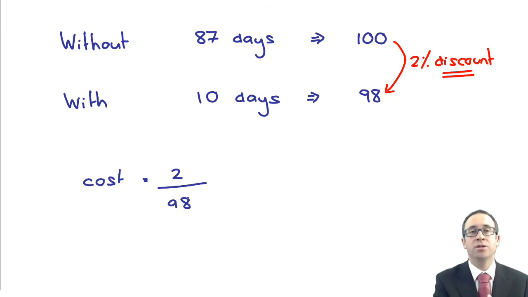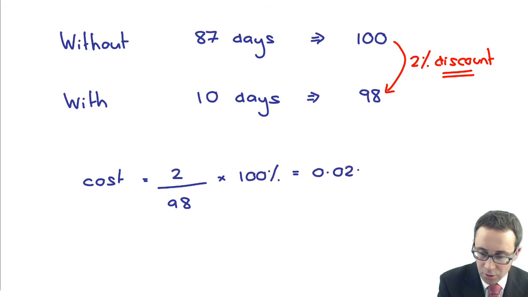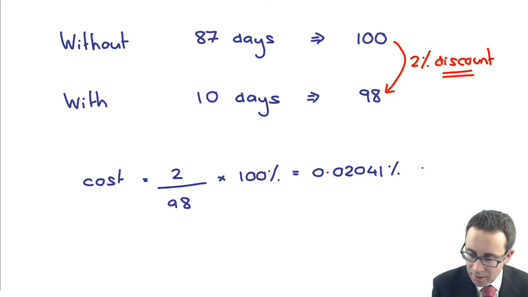So we need to borrow an additional 2 to be able to finance the full 100 of the debt. If you multiply that by 100%, then that is 2 over 98, which is 2.041%, for a period of 77 days.